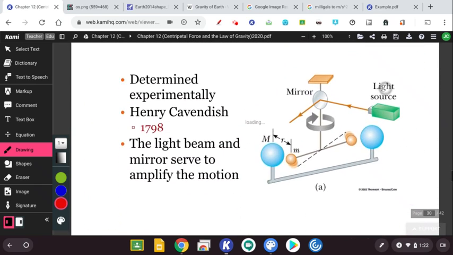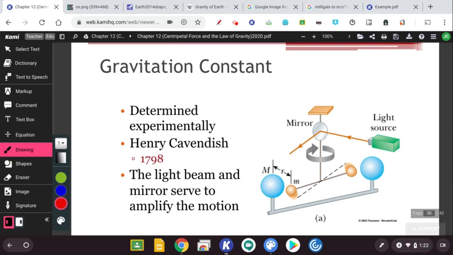In terms of gravitational constants, today we find them using more precise methods. We can use lasers that help amplify the acceleration. If you've ever taken your watch or a piece of mirror and you had light shining on it and you just move it a small amount, you can make the arc across the room move a greater distance, because a small angular displacement can create a big linear displacement if the radius is big enough.